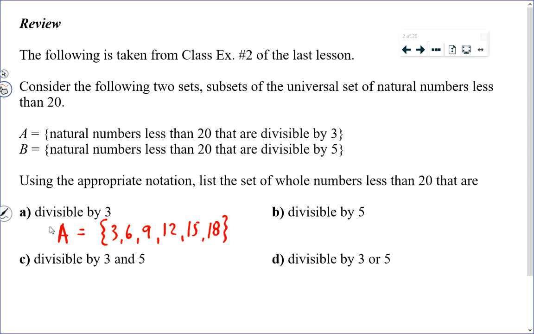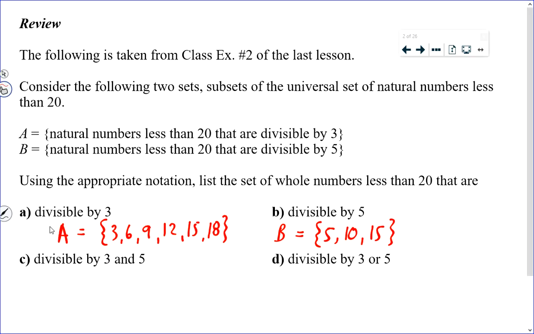We stop there because they have to be natural numbers less than 20. In set B, these are the numbers that are divisible by 5 in the universal set. In other words, they're multiples of 5, so that would be 5, 10, and 15.